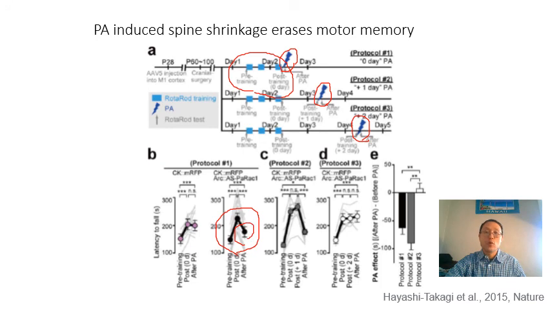Okay, and then in protocol 2, we saw exactly the same thing. We saw that after the photo activation, there is a significant reduction of the motor learning ability.